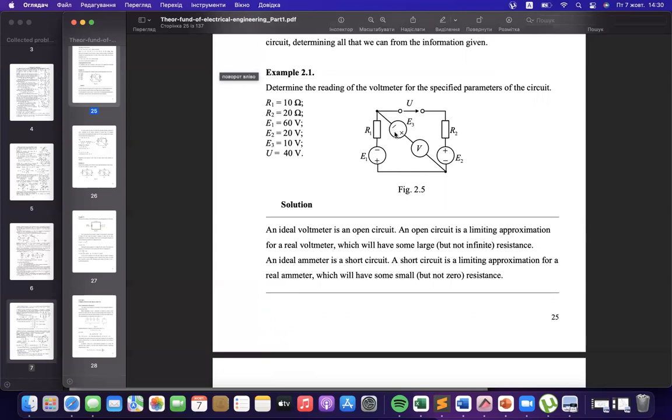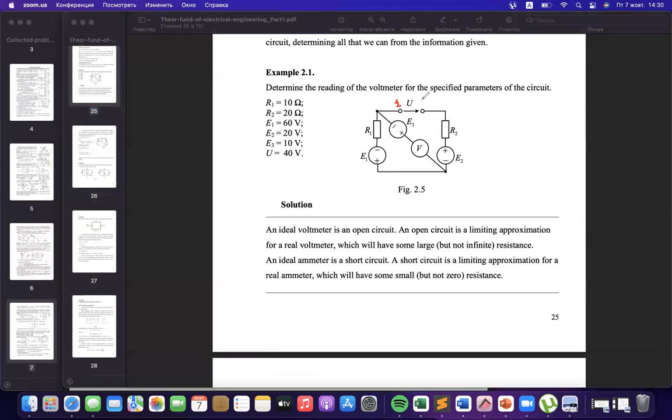And also here we have 2 consumers, 2 resistors, first and second, and applied voltage to open points, to open nodes. If we point them, for example, as point number 1 and point number 2, we have voltage between these 2 points.